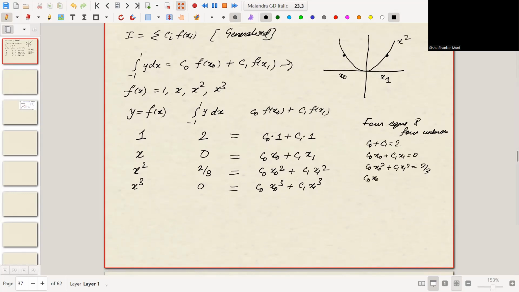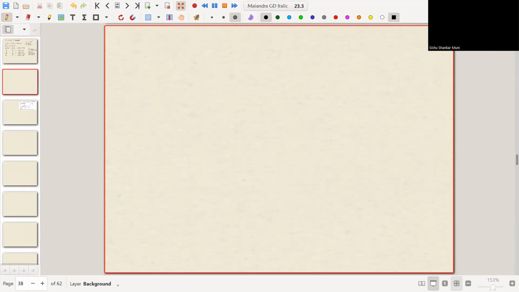Then c0 x0 cube plus c1 x1 cube equals 0. All right. So can you solve for c0 and c1, x0 and x1? That's the whole thing. So try that, but I will just say it here. You can solve it later.